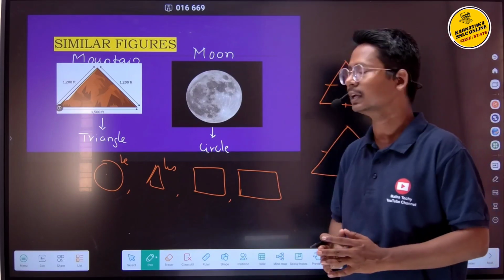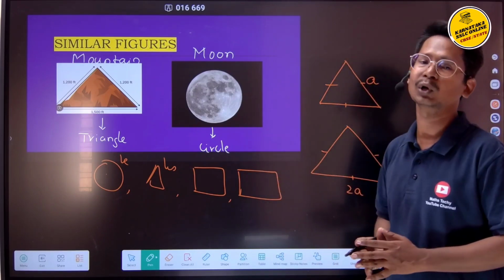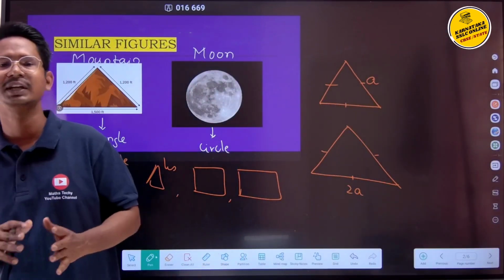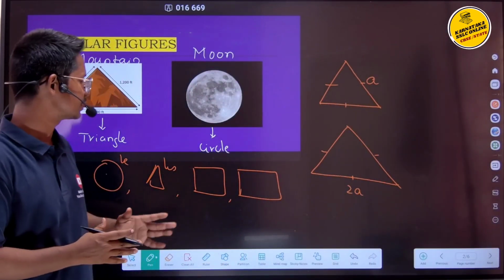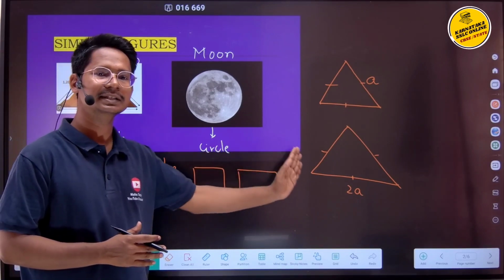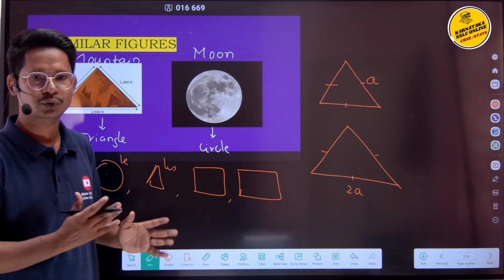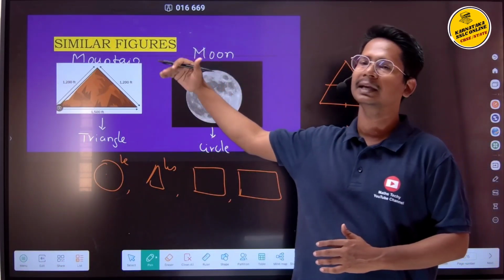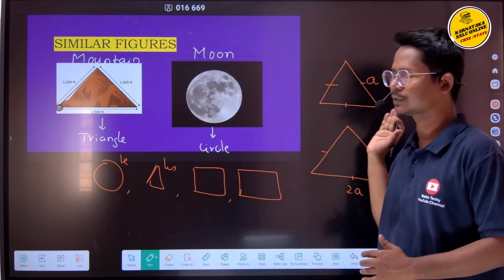In general, you can even apply it to polygons. A polygon is a closed figure with a minimum of 3 sides: it starts with a triangle, then a 4-sided figure, 5-sided figure, 6-sided figure. So the concept of similarity is applicable for different types of shapes.